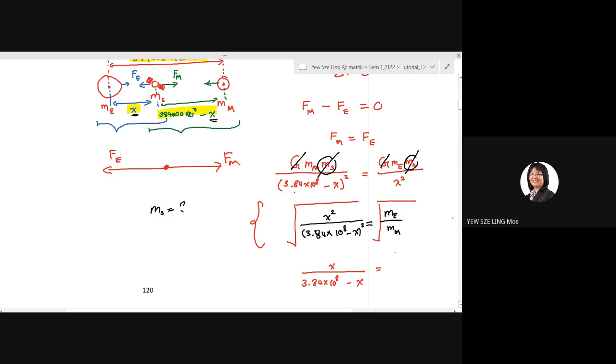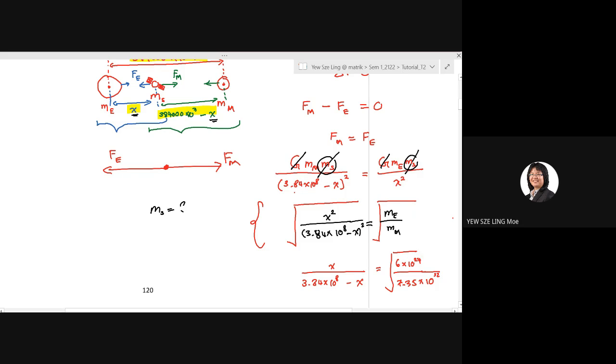So on the other side, we have a square root. Now this part is easier. Why? Because you have the values. If you look at the question, given the mass of the Earth is 6 times 10 to the power of 24, divided by the mass of the moon, which is 7.35 times 10 to the power of 22.